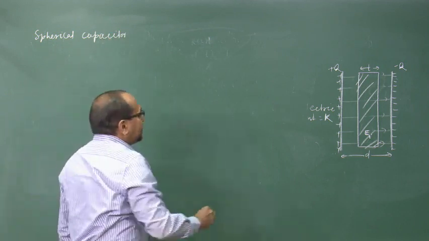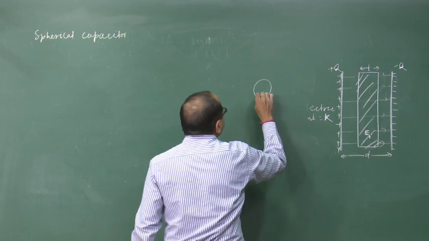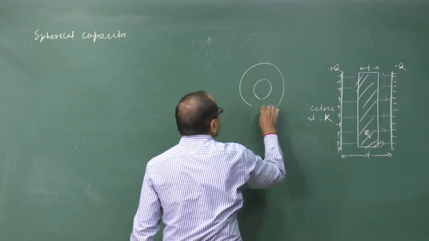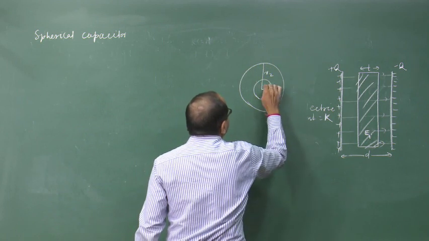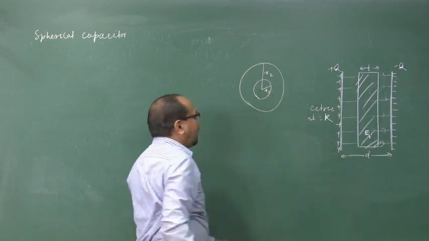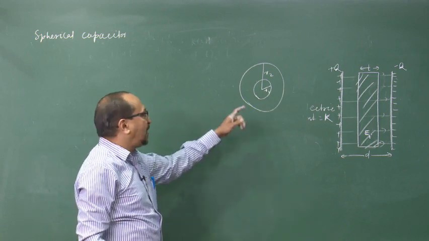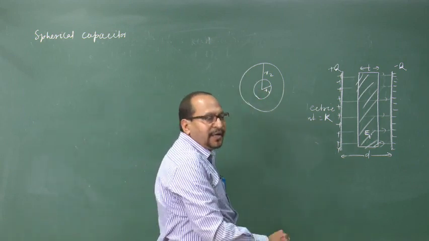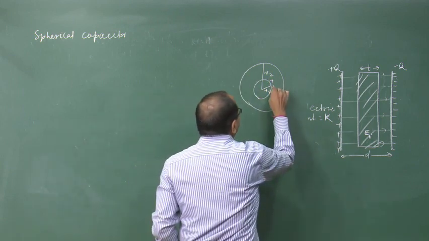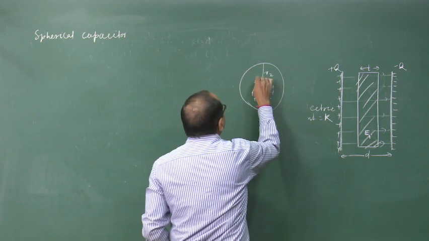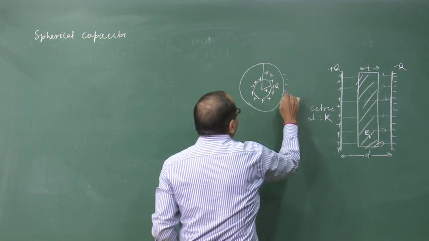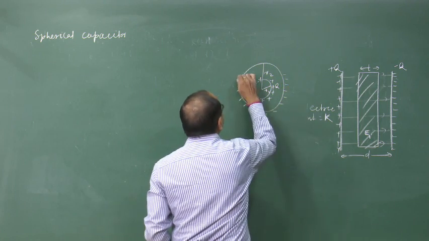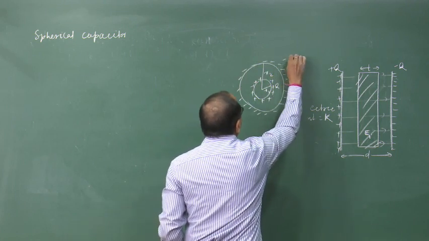Okay. So, let us consider the capacitance of a spherical capacitor. This spherical capacitor consists of two concentric conducting spheres of radius R1 and R2, say R1 is the radius of the inner sphere, R2 is the radius of the outer sphere, and if we give charge plus q to the inner sphere, that will of course induce minus q charge on the outer sphere.